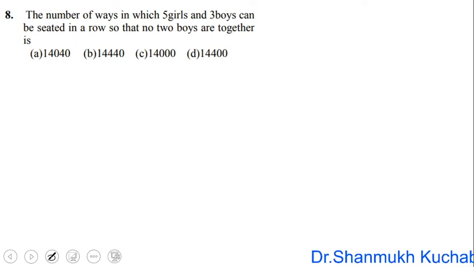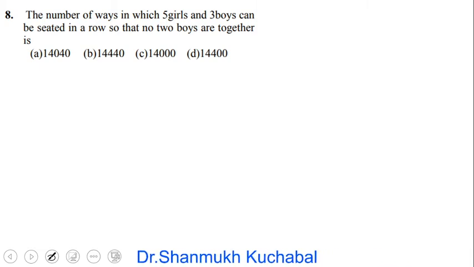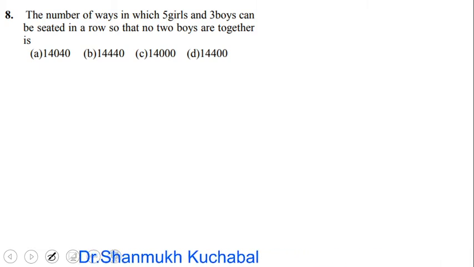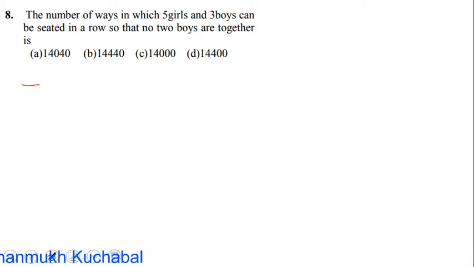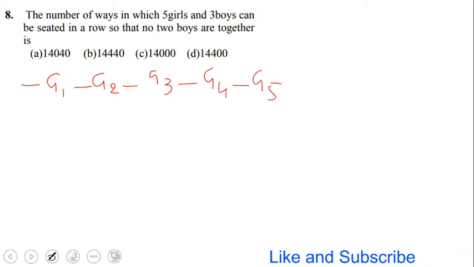The question is: the number of ways in which 5 girls and 3 boys can be seated in a row so that no 2 boys are together. So girl G1, G2, G3, G4, G5 will be there, and in between the girls, boys will be sitting.